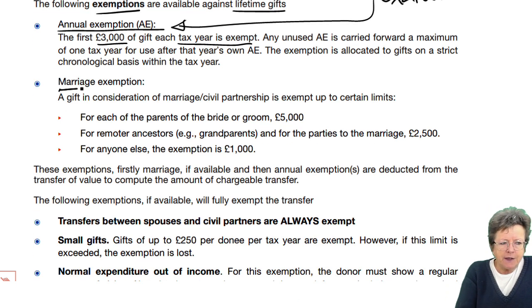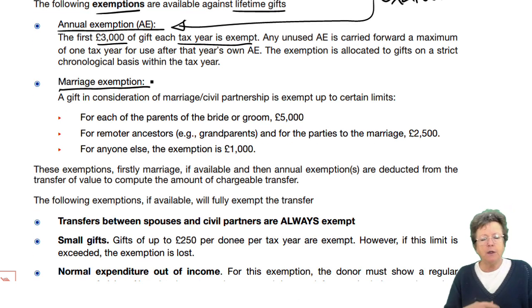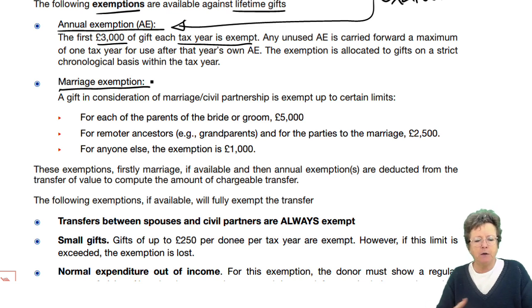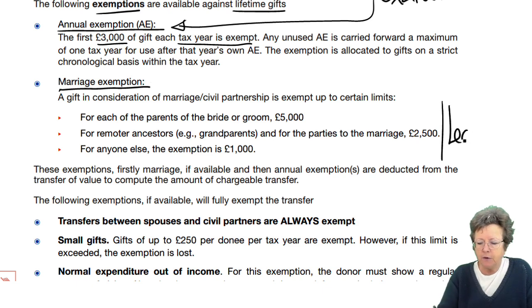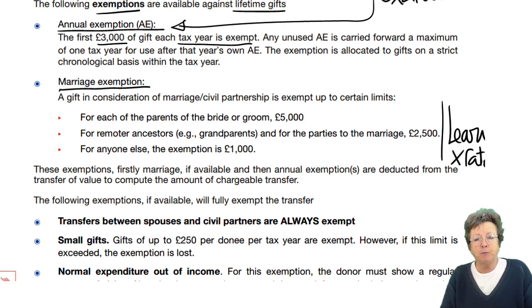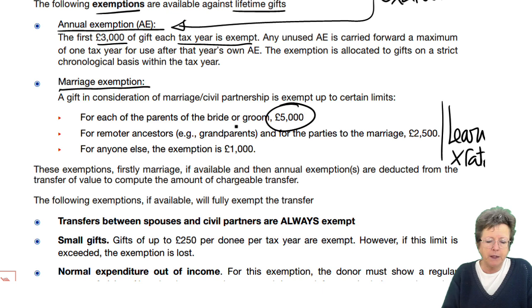The marriage exemption. So, you make a gift to somebody on the occasion of their marriage or civil partnership. There are some limits. Now, you've got to learn these. They're not in the rates. If you are a parent of the bride or the groom, it's £5,000. If you are a grandparent, it's £2,500.